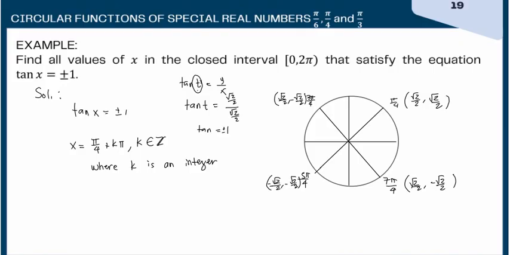You could try to notate it by count, but since this is only 0 to 2 pi, we cannot do that, okay? So, our pi over 4, we really have to indicate each of these. Pi over 4, 3 pi over 4, and 5 pi over 4, and 7 pi over 4. That's the correct answer. And we can only do that earlier if it's an open interval.